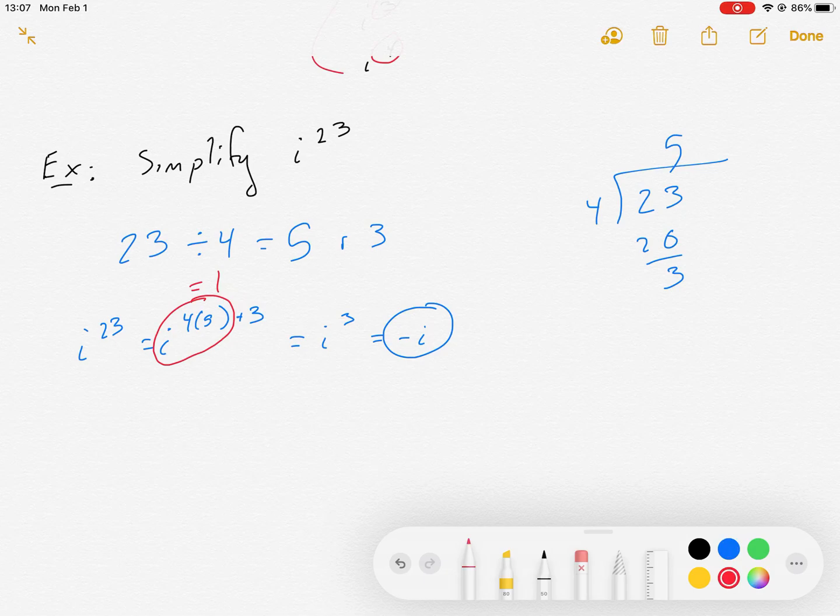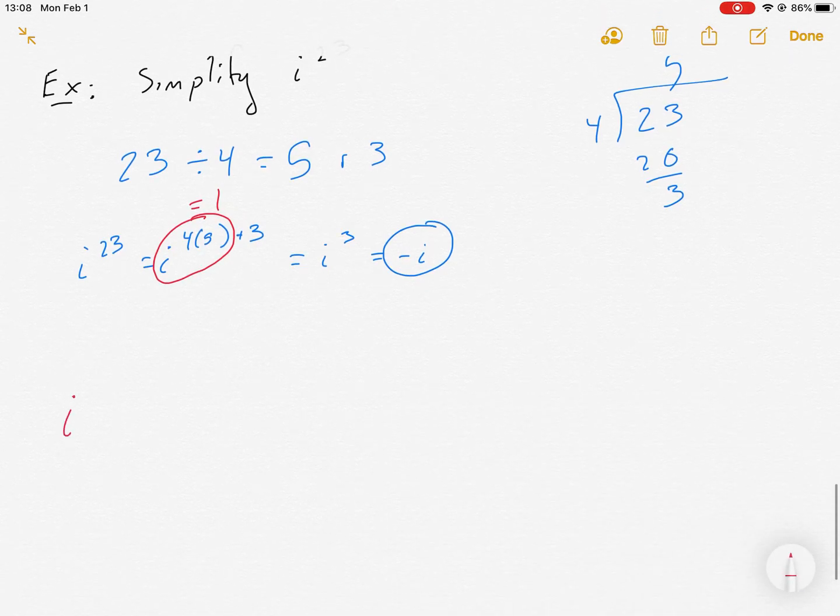So essentially the way this works is if you have some I to the power of m, which I was just talking about above, you take m, divide it by 4, and you get something with a remainder equaling some other number.